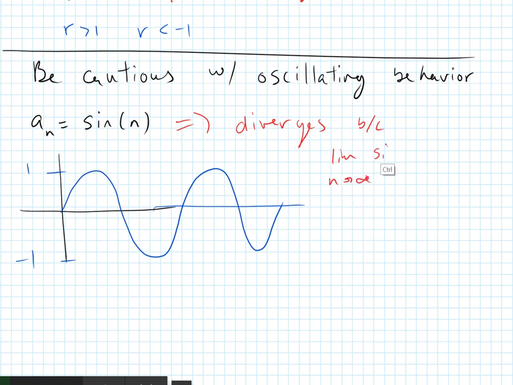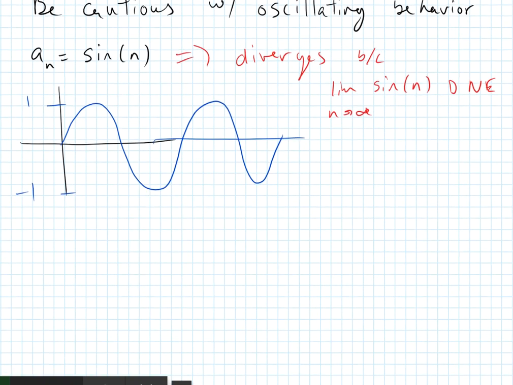Now, some oscillating curves do converge. It's called a dampened function.